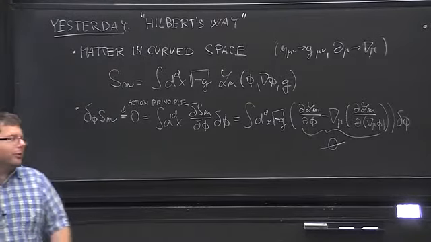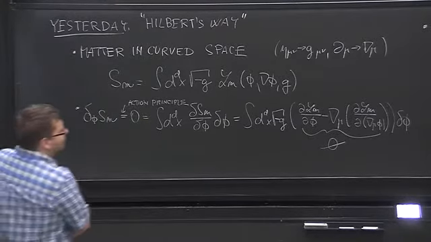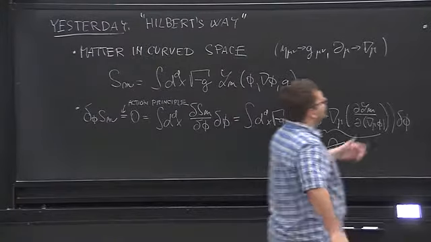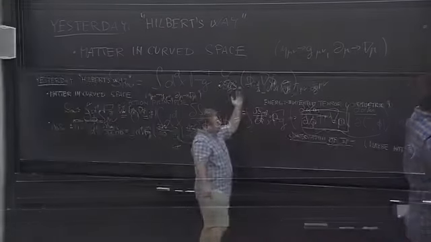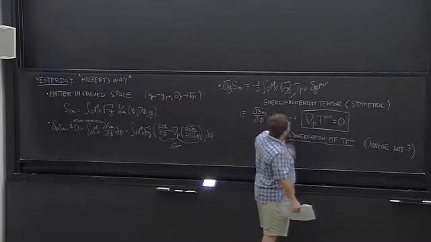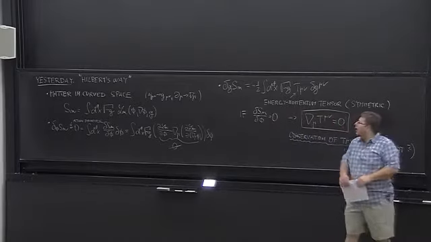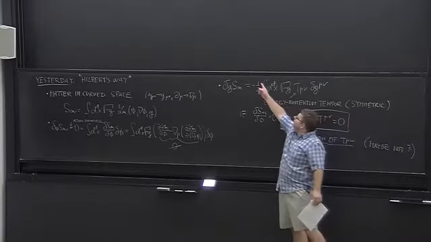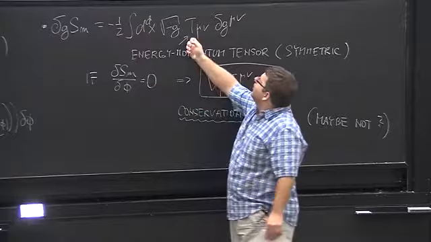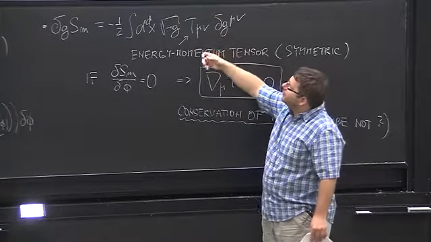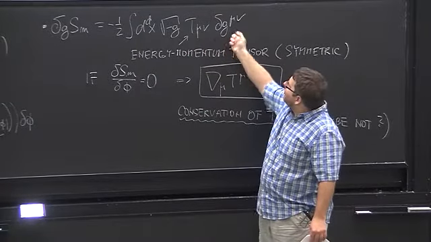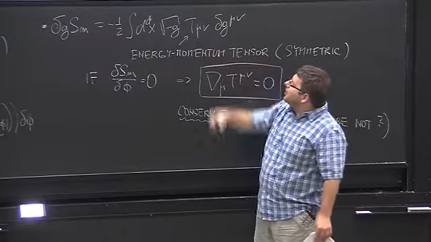However, you can also do something crazy. You can pretend that the metric actually is dynamical for some reason. And so then you can vary this matter action also with respect to the metric. And so the result which you get, apart from this -1/2, which is a convention, is that if I vary with respect to the metric, I get a tensor.